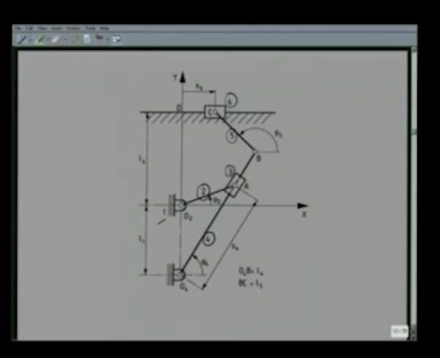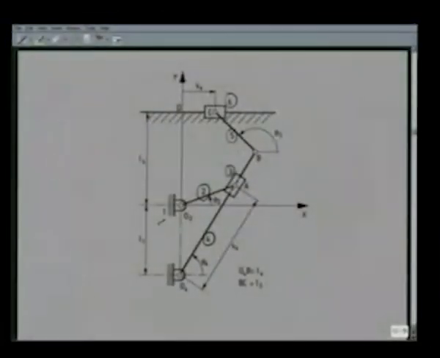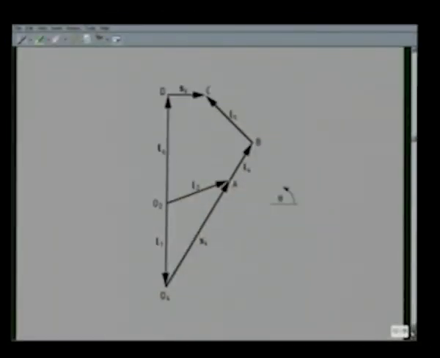So, to do the kinematic analysis of such a mechanism by analytical method, let us first identify that there is more than one closed loop. We draw all the link lengths by the corresponding vectors, like L2 is the vector which represents the second link O2A, L1 is the other vector which represents the fixed link O2O4, and O4A, that is the slider displacement, we use another vector, namely S4.